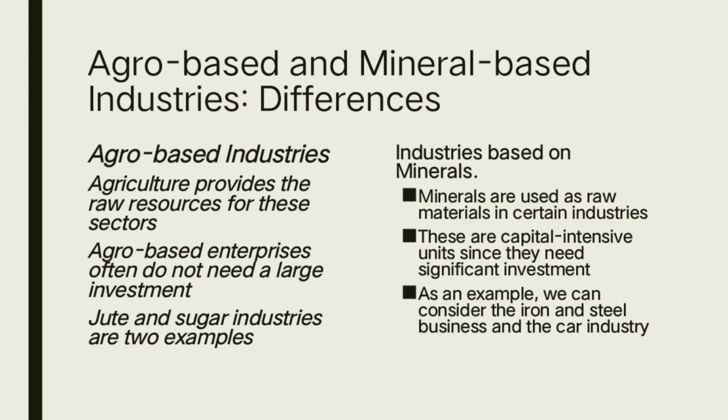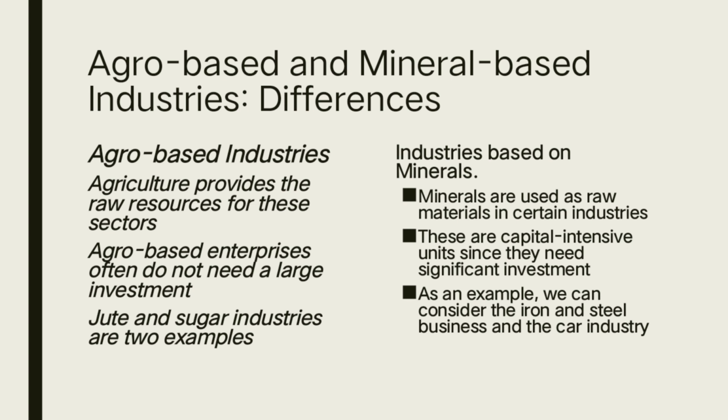Now, the distinction between the agro based and the mineral based industries: the agro based industries get raw materials from the agriculture sector, and mineral based industries get raw material from the minerals, that is from the ores, from the earth's interior.